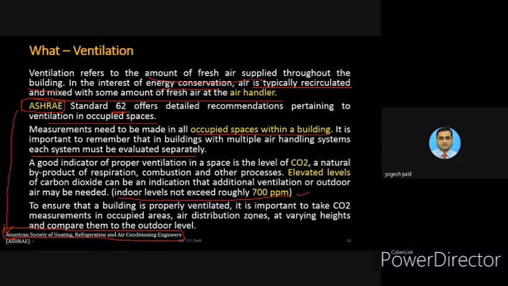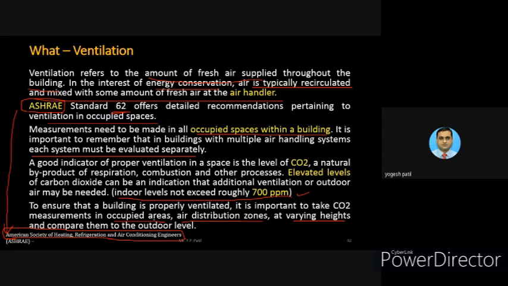Measure in air distribution zones at varying heights and compare them to outdoor levels. So continuous monitoring of CO2 is required in which areas? Occupied areas, air distribution zones, and also at different heights. It is not at a particular height only, but at varying heights, and then compare them to the outdoor level.